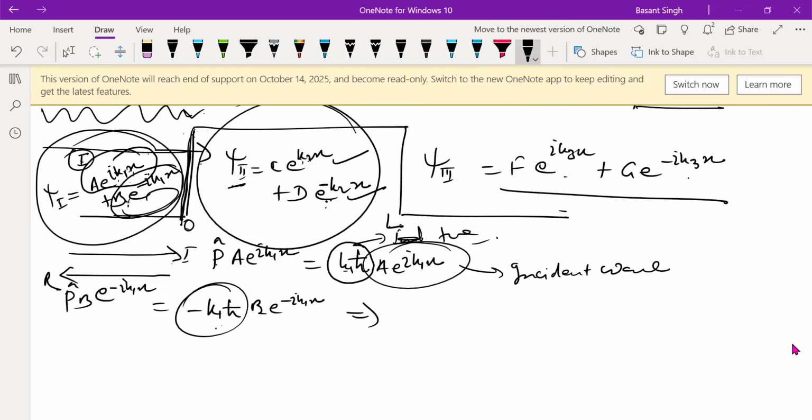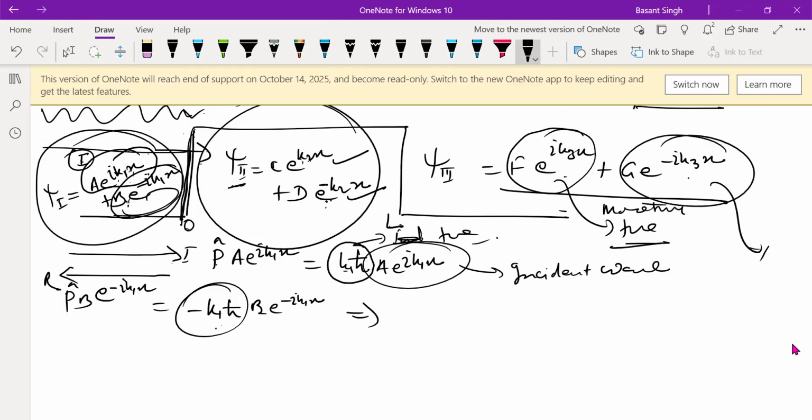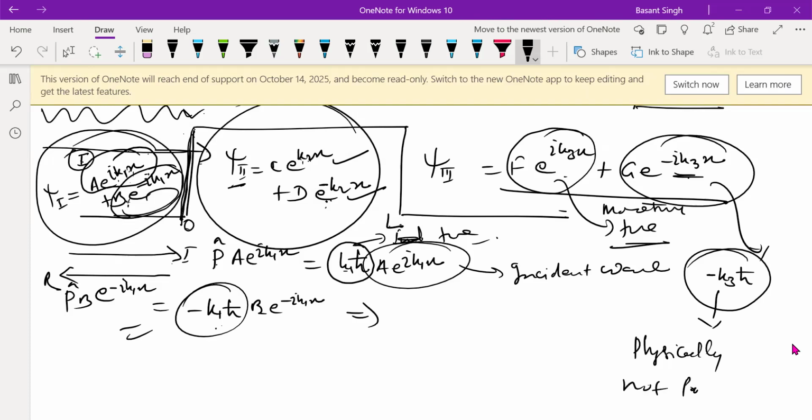Okay. Now, in the third region, we have two functions. One having positive momentum, and another having negative momentum, because this gives the negative momentum, that is minus k3 h-cross, similar to the first region. But here the negative momentum is physically not possible, because there is no boundary here.